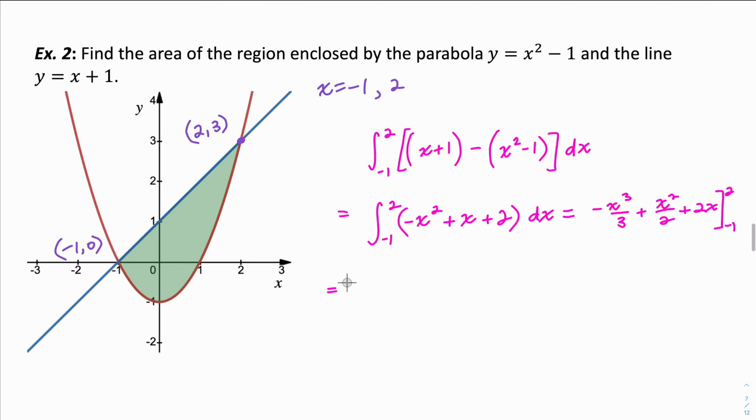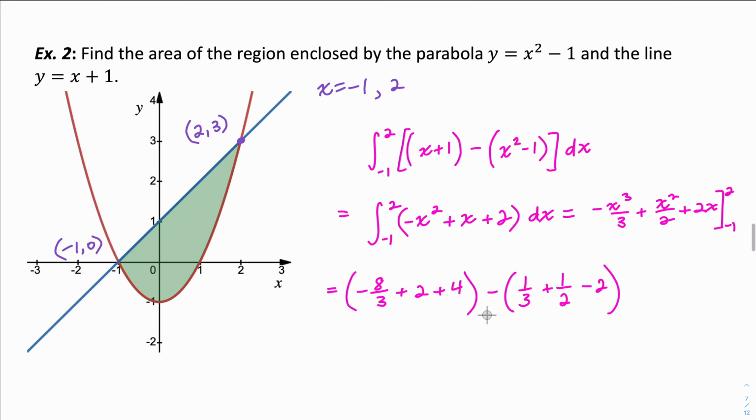Plugging in 2, that's going to be negative 8/3, plus 2, plus 4. So that's the upper limit. Plugging in the lower limit of integration is going to give me positive 1/3. Negative 1 squared is 1, so that's going to be plus a half, and then minus 2 here.